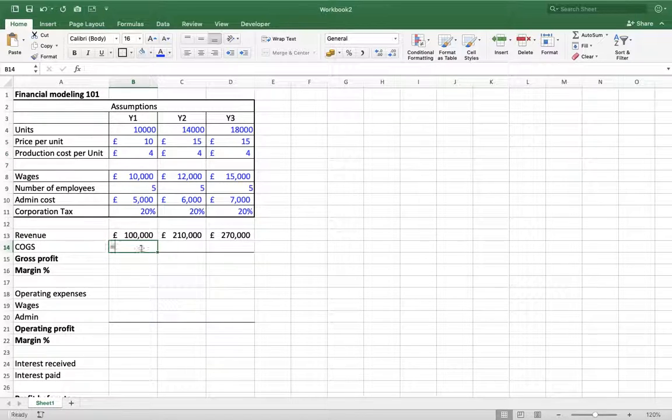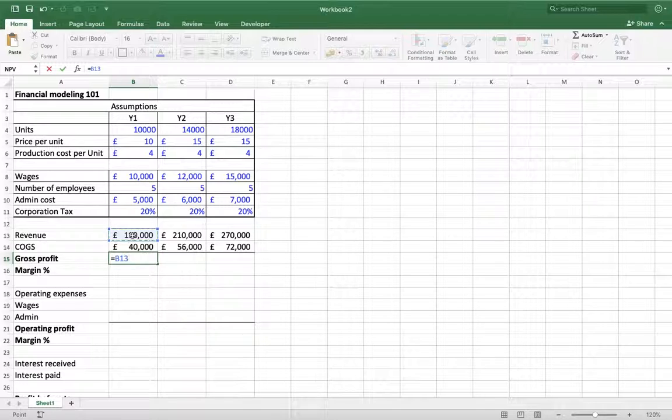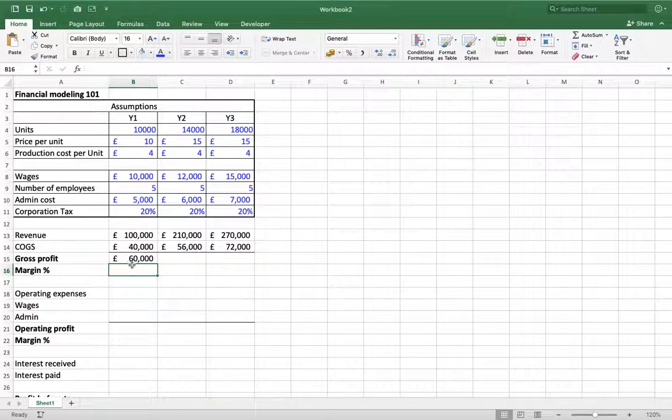And we've got this times the number of units, and we've got the cost per unit, and the gross profit is the revenue minus the cost of goods sold. This is the gross profit.